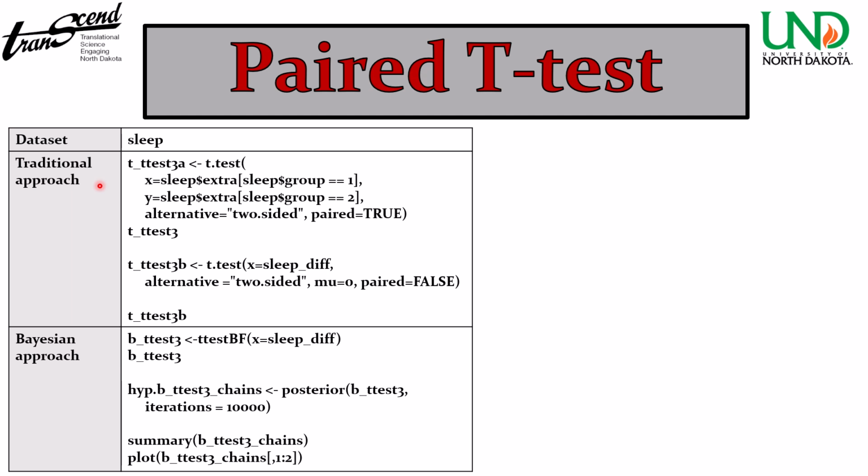So I did it two different ways, which would give us the exact same results. And then for Bayesian, I just used the sleep diff variable to make things simpler. Again, sample from the posterior, plotted, etc.